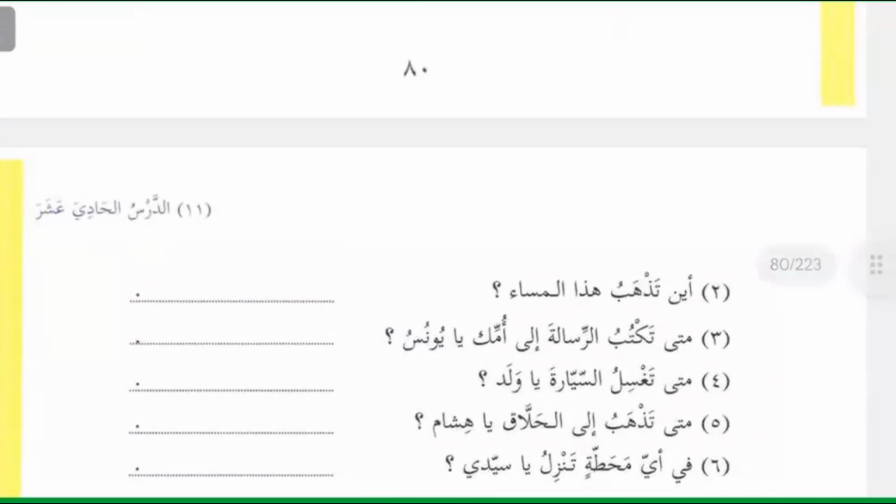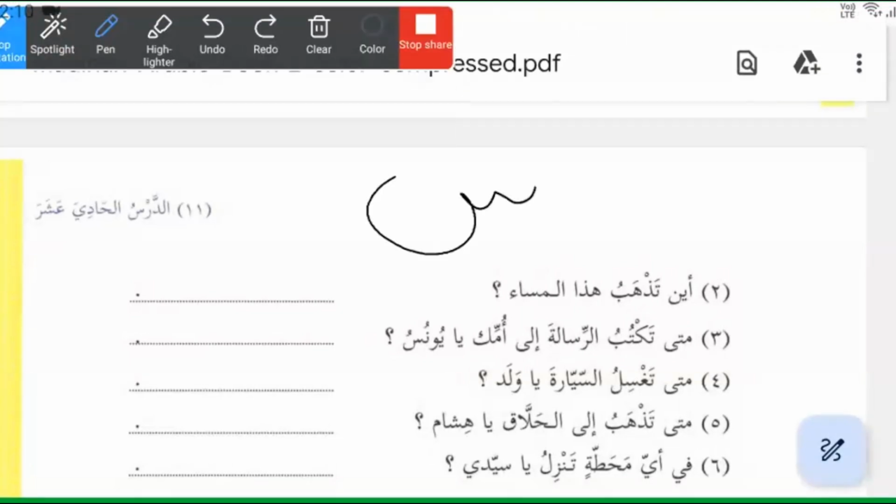Exercise number 11 was with harful istiqbal. Harful istiqbal means particle of futurity. It talks about the future, and we tried to complete this exercise where it was like yazhabu, taktubu, taghsilu. We just need to add the harf seen in front of the verb, and that will take the verb from the present tense to the future tense.